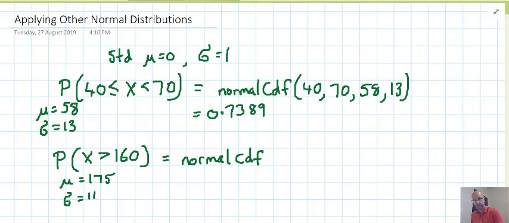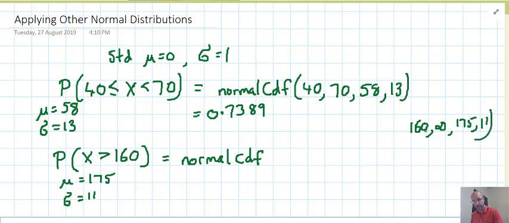Now, if you have a CAS calculator, this video, like the last one, is not with CAS, you can simply put in 160 to infinity, and then put in a mean and standard deviation. Can't do that with this one because this one's a non-CAS.